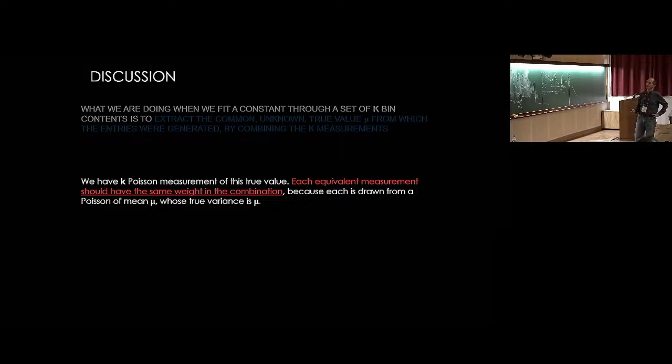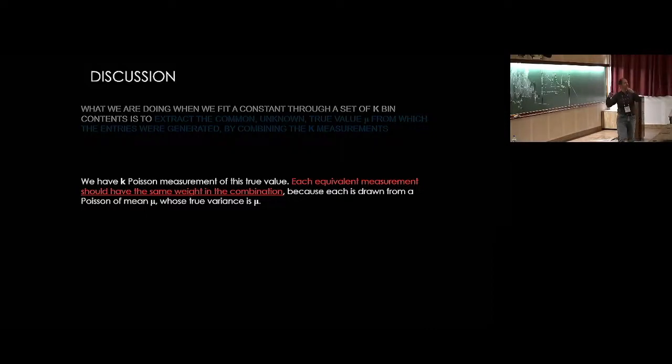And we are combining measurements for doing this. We have Poisson measurements of the true value. Each measurement should have the same weight in the combination because it accesses the same information and it's just randomly fluctuating. But no, sometimes you give more weight to the ones that have a smaller value because their variance is also smaller, so we give a larger weight to them.